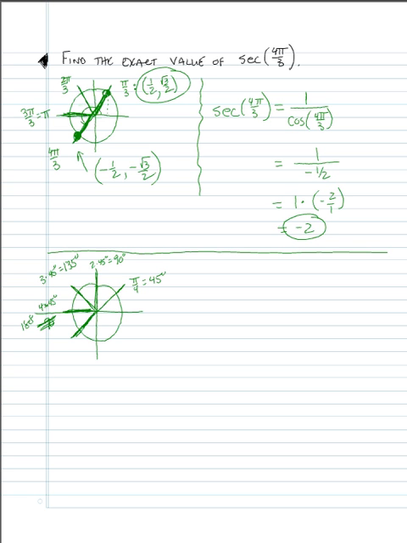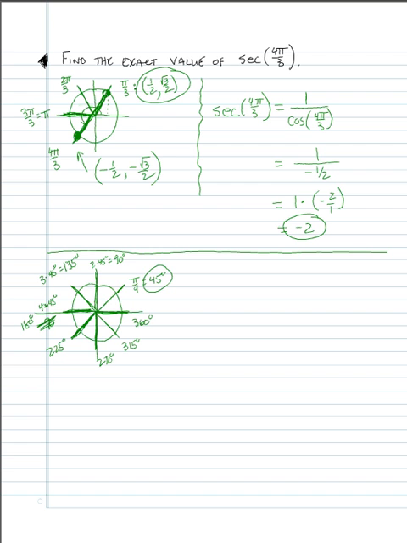And if we go 45 degrees more, that'd be 180 plus 45, that's 225 degrees. That's right here, isn't it? If we go 45 degrees more, that puts us right here, which is 270 degrees. 45 more puts us at 315 degrees. And 45 more puts us here at 360 degrees.